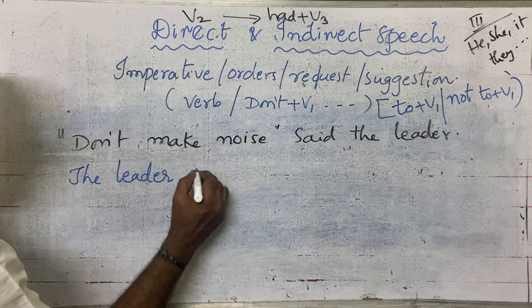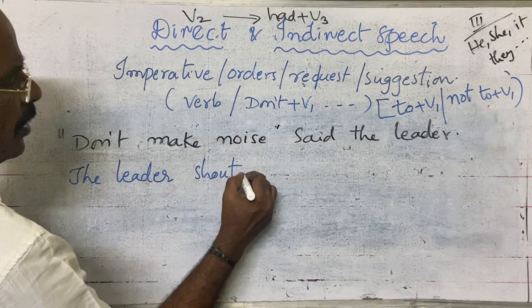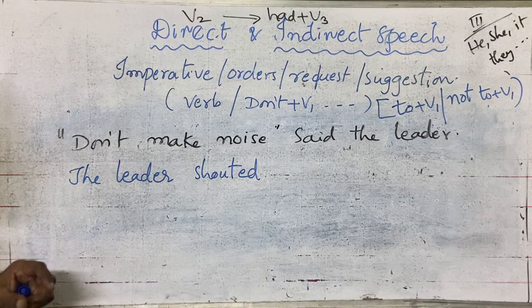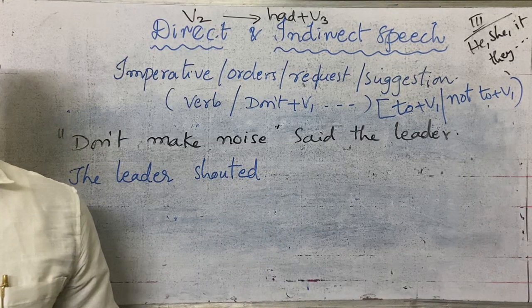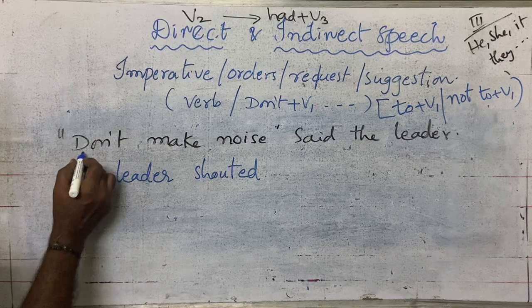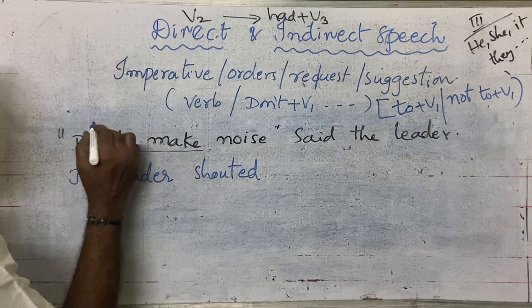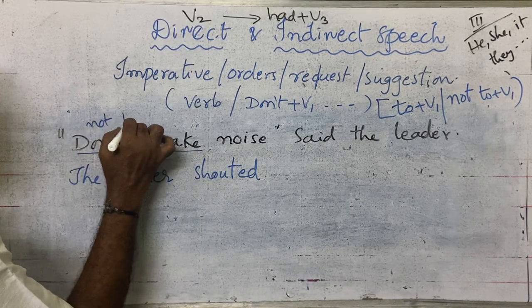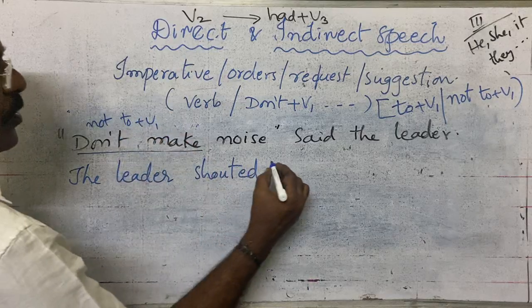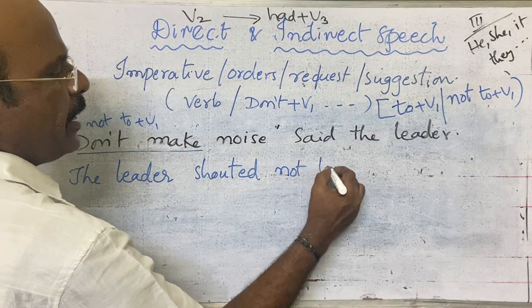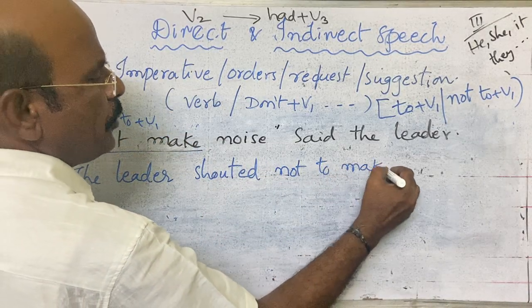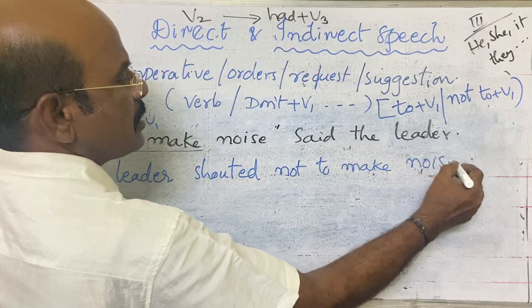The leader shouted. If you want, you can take the leader ordered. Don't make is converted into negative: not to plus V1, make. So not to make noise.